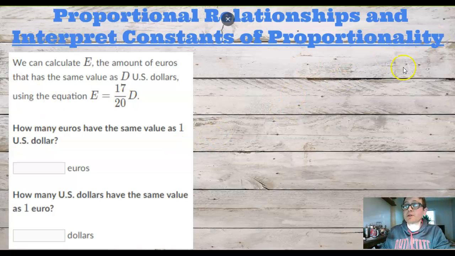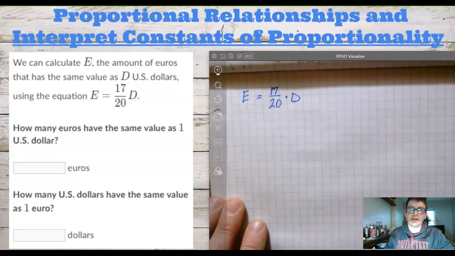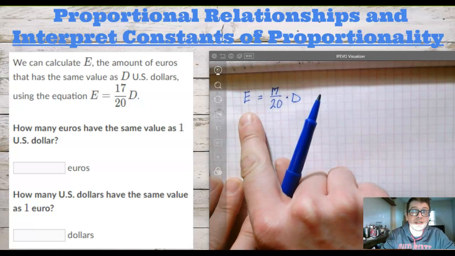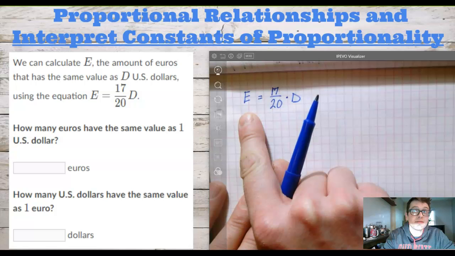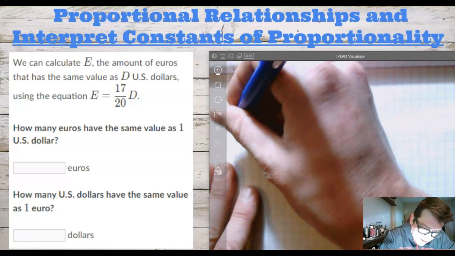The thing we want to make sure when we write down these equations, guys, is that we understand what it's saying. So, what does E mean here? What is it representing? Yeah, the amount of euros.